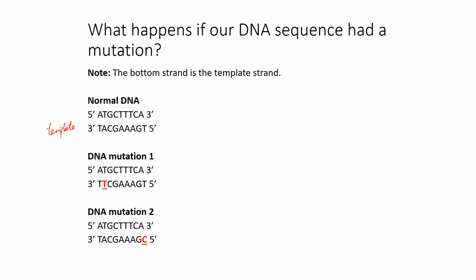So if this is our normal DNA, then the resulting mRNA, right, will be A, U, G, C, U, U, U, C, A. Okay.